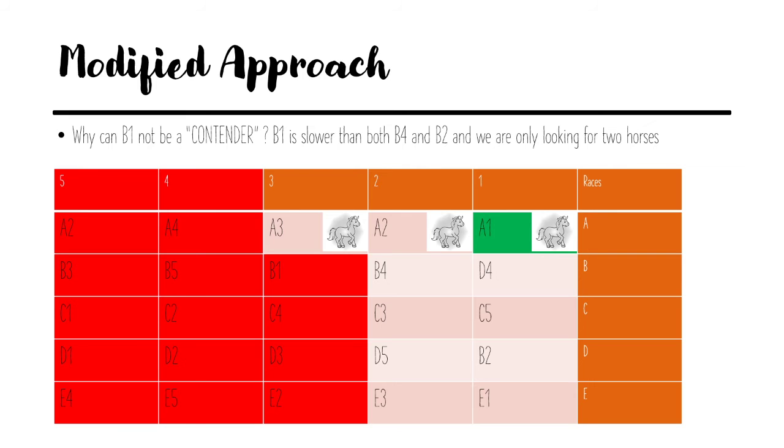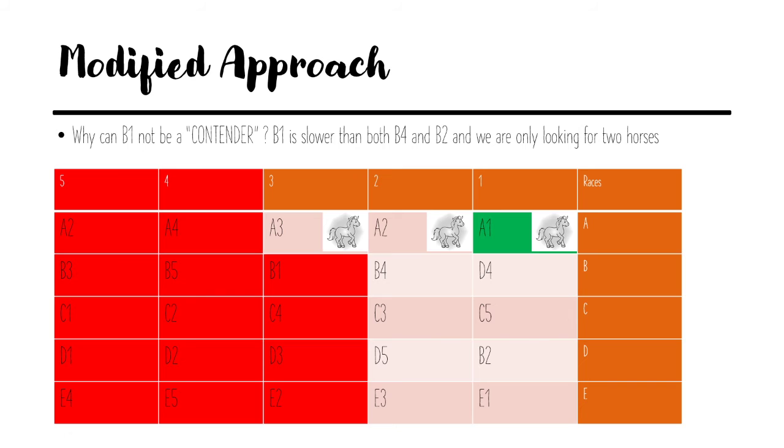So B1 in the B group, the original B group, the only real contender there was B2, which ended up top dog of its group. Now, going from B1 to A1, there's 2 more B possibilities here, right? Namely B4 and B2. And we know that B2 is slower than A1, but B2 is faster than B1, and it's faster than B4.